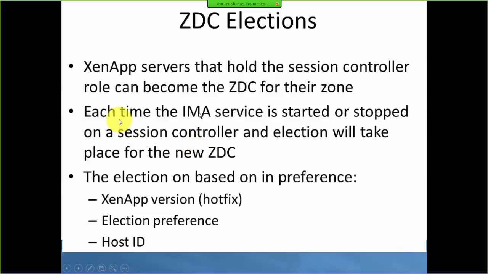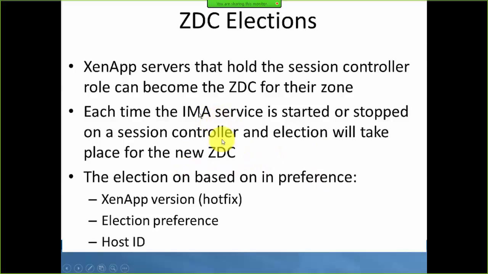Well, anyway, each time the IMA service is started or stopped on a session controller, an election will take place for the new ZDC. So if the IMA service is started, or if we lose the ZDC altogether or lose the connectivity, or it goes down or crashes, in all those cases the IMA service is not available.